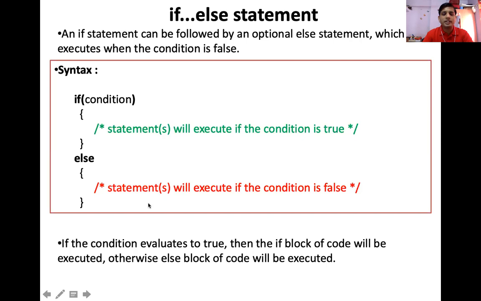But the if else is used only if you have two sets of statements. If the condition is false, you have to do this. If the condition is true, you have to do that. So depending on the program requirement, we select the if statement or the if else statement.